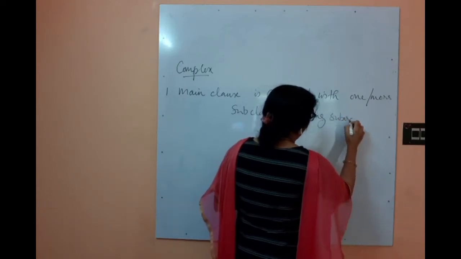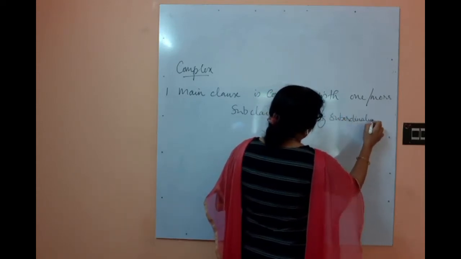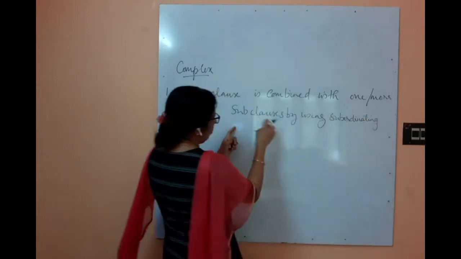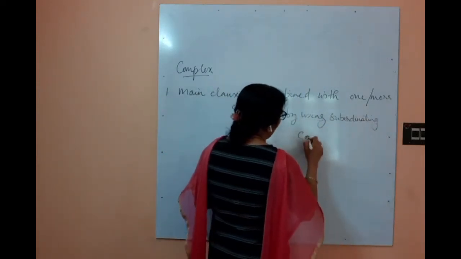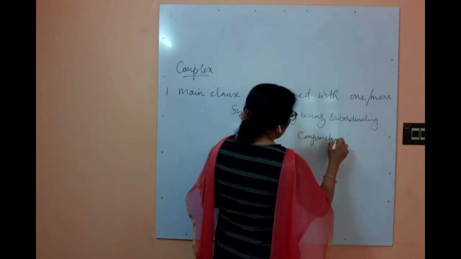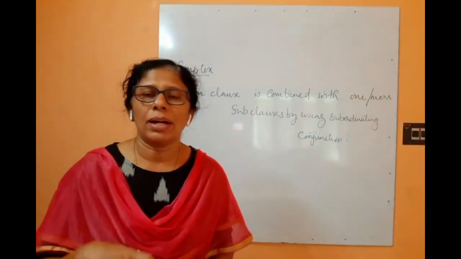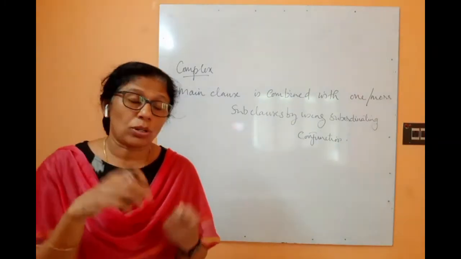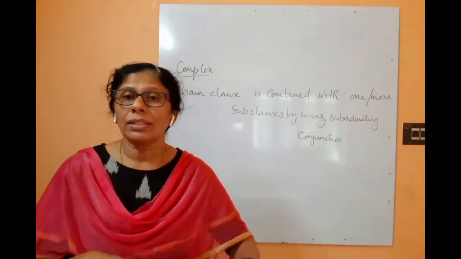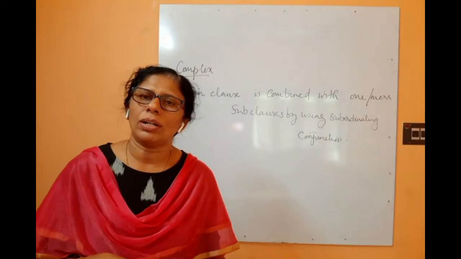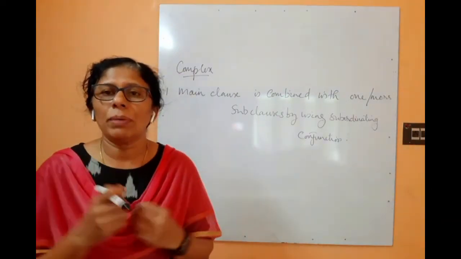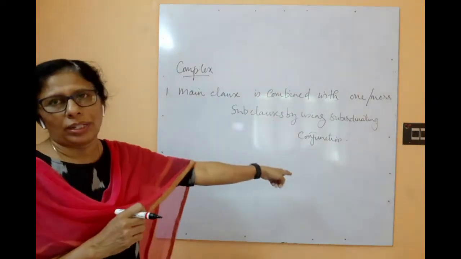Subordinating conjunction. Don't forget, subordinating. Understood? The main clause is combined with the subclause, which can be one or more than one, with the help of a subordinating conjunction.